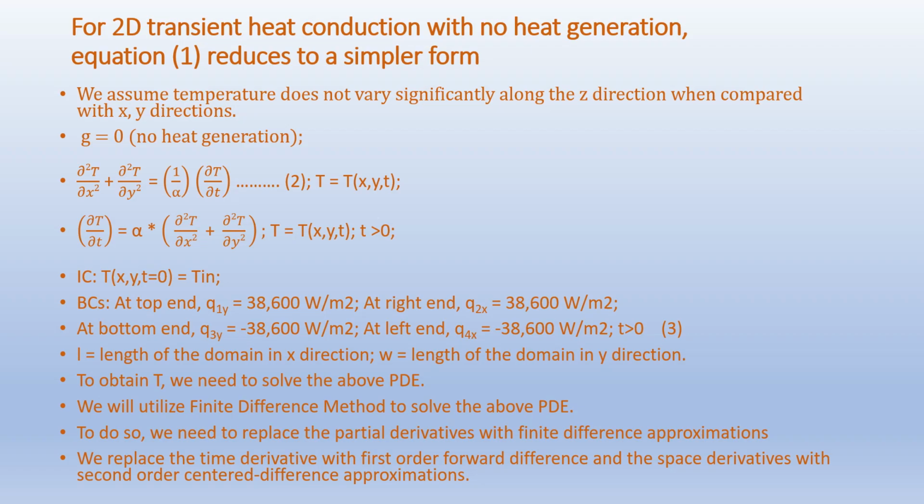To obtain the temperature distribution T, we need to solve the above PDE. We'll utilize finite difference method to solve the above PDE. To do so, we need to replace the partial derivatives with finite difference approximations. We'll replace the time derivative with first order forward difference and the space derivatives with second order centered difference approximations.